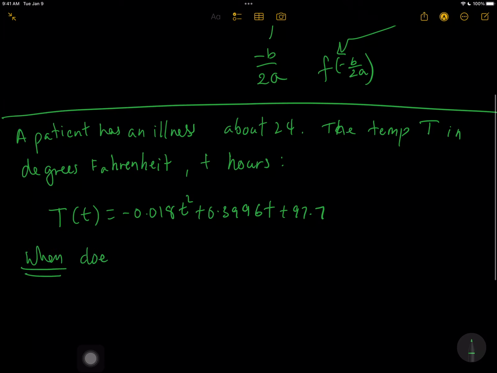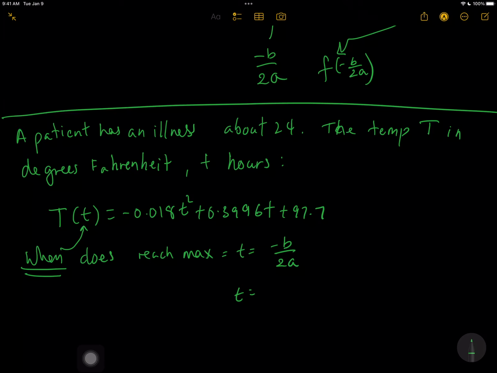So the first question is, when does the patient's temperature reach maximum? Because they're asking us for when, that means they're asking us for t, and so that formula is going to be negative b divided by 2 times a.